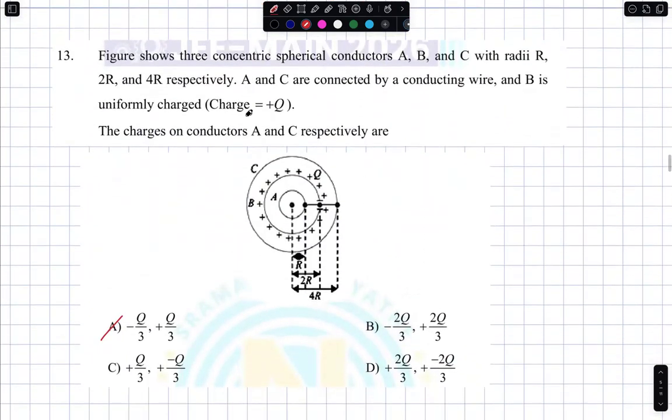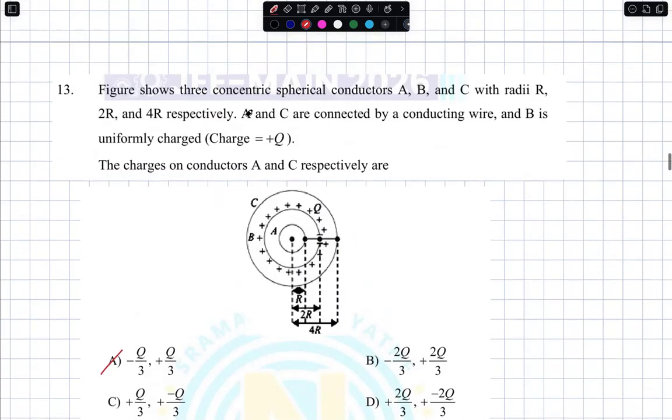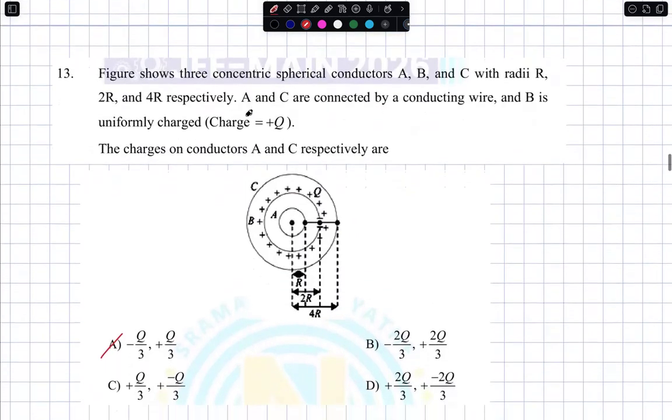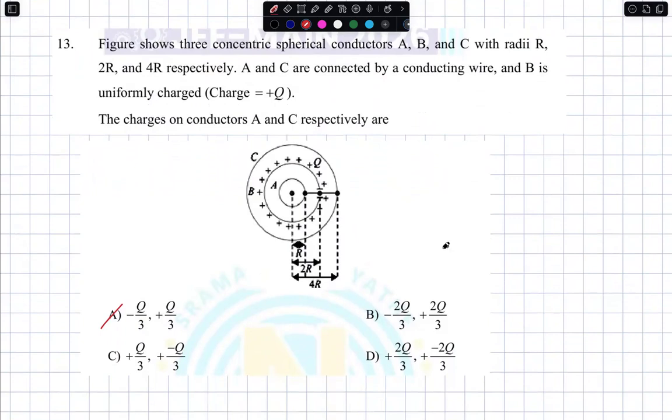Right? 13th question is, the figure shows three concentric spherical shell conductors A, B, C with radii R, 2R, and 4R respectively. A and C are connected by a conducting wire, and B is uniformly charged. The charges on the conductors A and C are respectively? For example, imagine that I'm just showing a part of this.